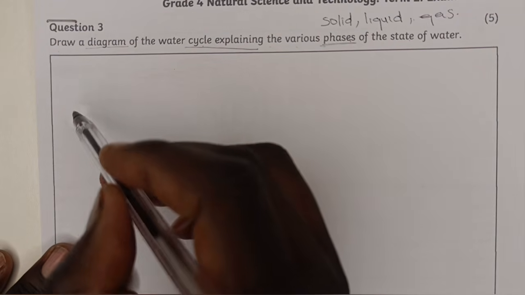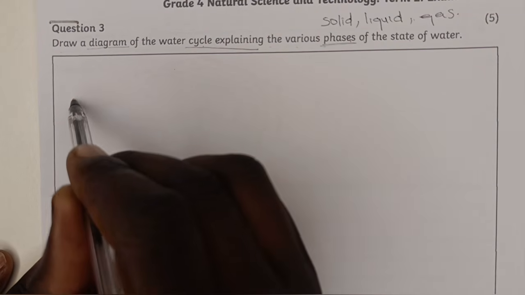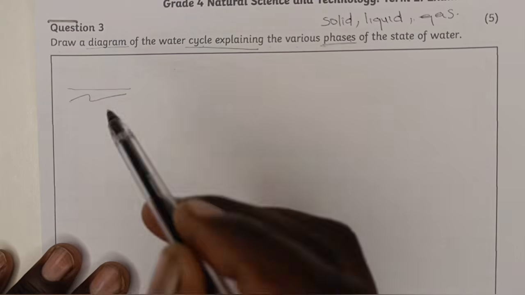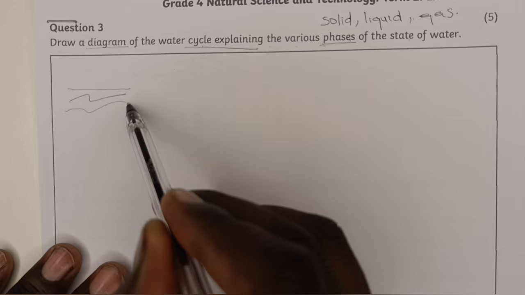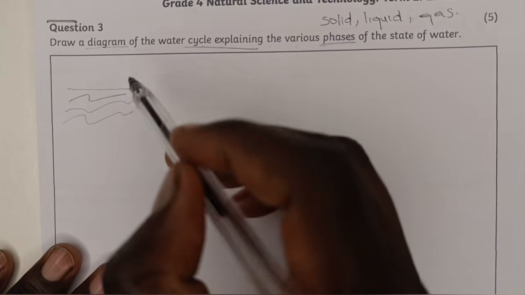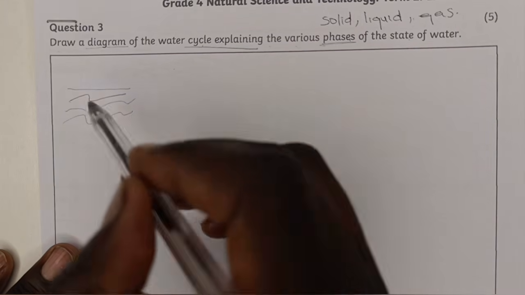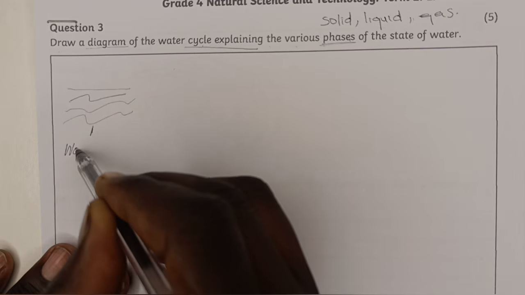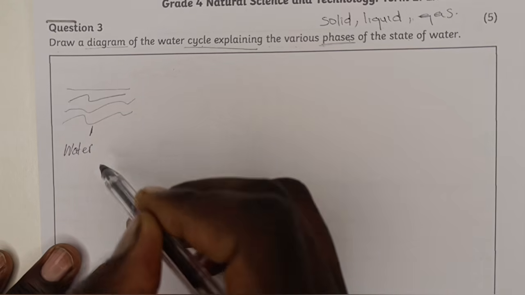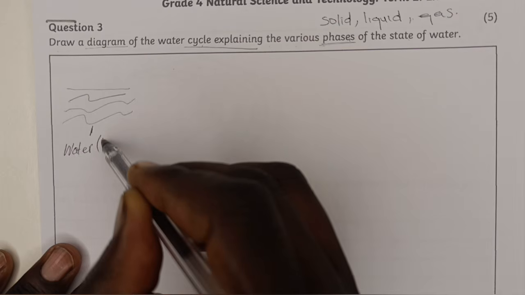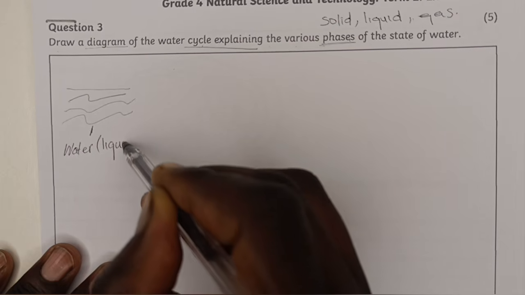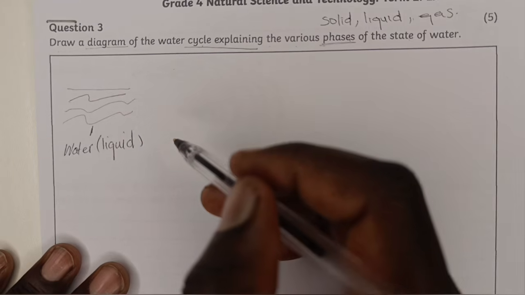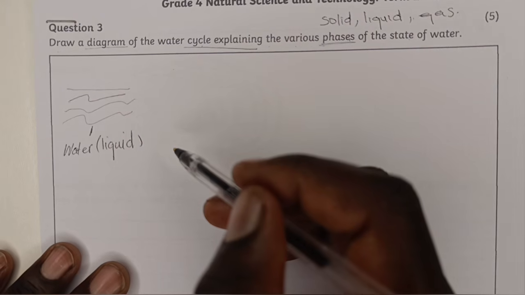So the first, let's see if we can draw an ocean. How do we draw an ocean? Something like this, right? So an ocean should be like this. So this is water. And this water is in the state of liquid. So this is a sea in a state of liquid.